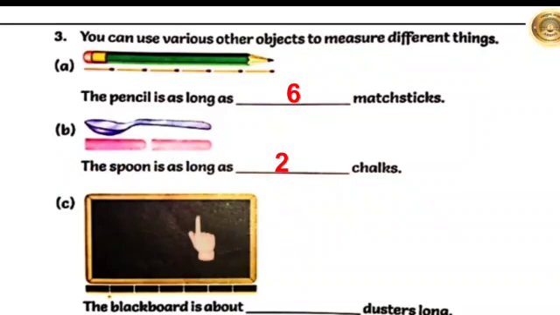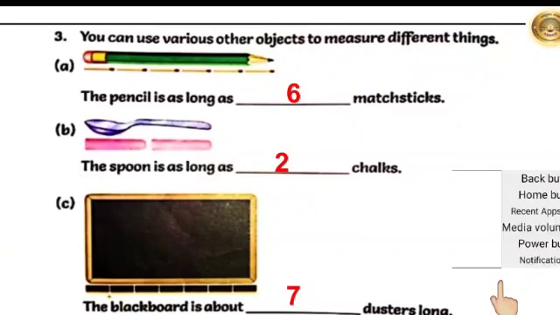Like that, we have measured the length of this blackboard with the help of this duster. Let's count 1, 2, 3, 4, 5, 6 and 7. The blackboard is about 7 dusters long.